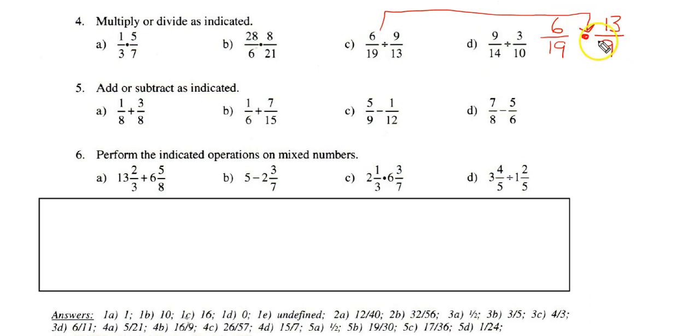Now, that is converted to a multiplication example. We can see if we can do some cross-canceling. 3 will go into there twice. 3 will go into there 3 times. And can we do any other canceling here? Nope. So this is going to be 2 times 13 is 26.